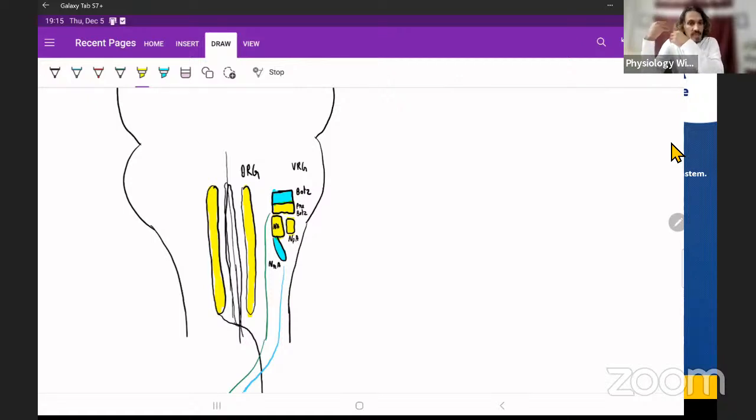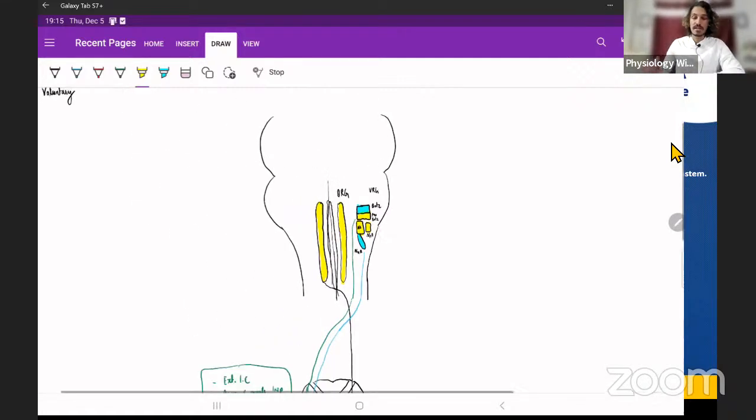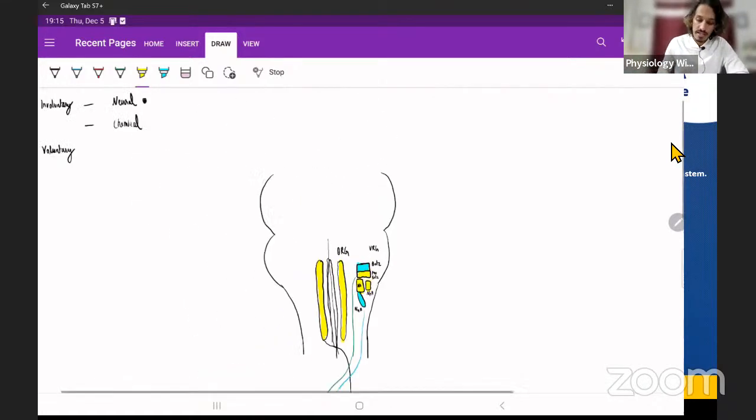And then if you need expiration, the dorsal respiratory group just stops functioning, which means expiration will take place. That is tidal expiration. If you want more of an expiration, then your Bötzinger complex and nucleus retro-ambiguus are going to come into play. Okay, so this is what you have to understand about your neural respiration.